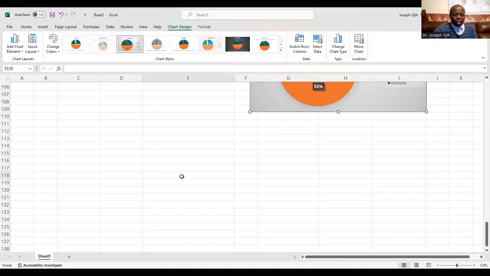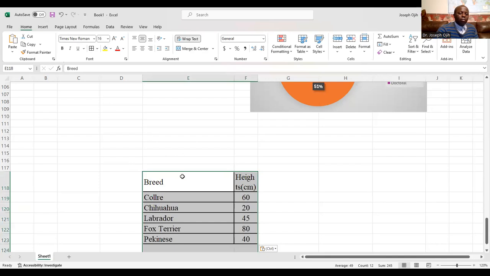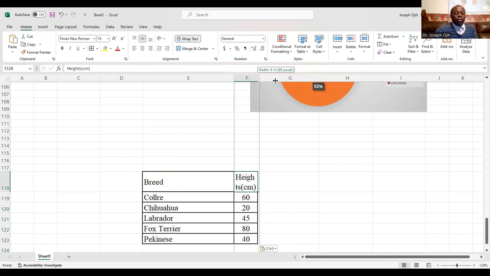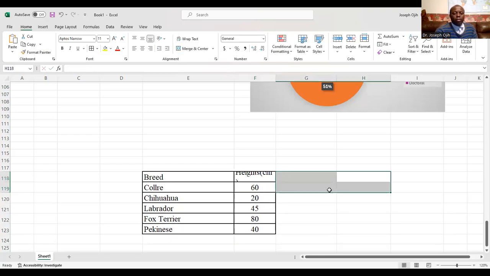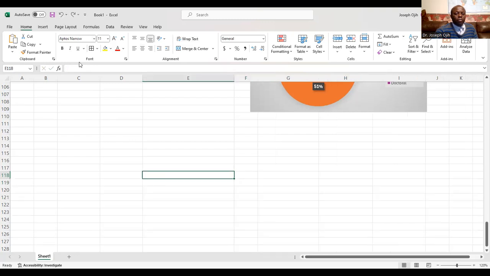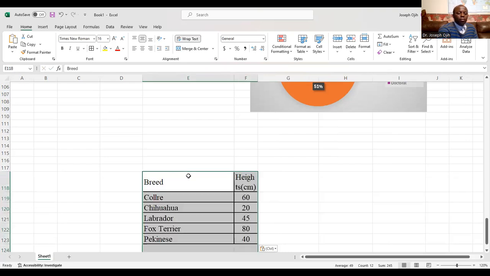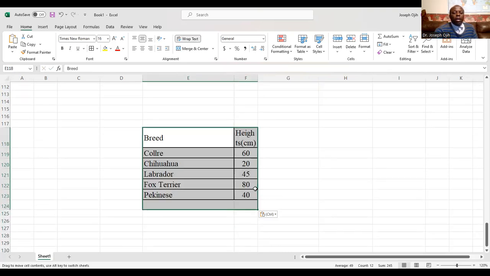Okay, the height of those dogs are right here. So that's why I don't like going with the title. Let me paste it again. Okay. Now, remember when you want to insert the bar chart, don't start with the title.